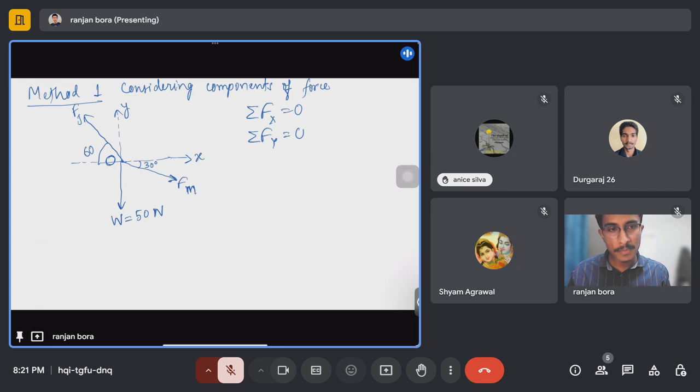This means there should not be any force acting in the x and y directions. If there is any resultant force acting on a system, that system is not considered to be in equilibrium. In solving all biomechanics problems, we consider the system to be in equilibrium, so there is no net force acting on the system. The net force acting on the system, we take as 0. That's why we have written these two equations, summation Fx equals 0 and summation Fy equals 0.